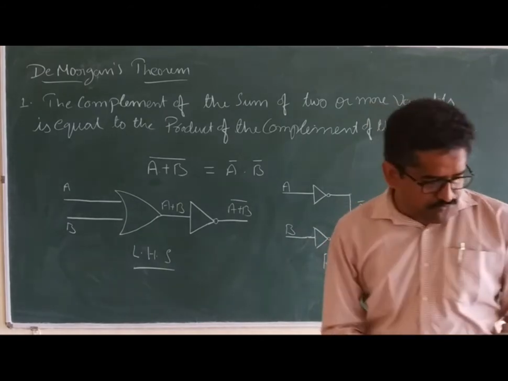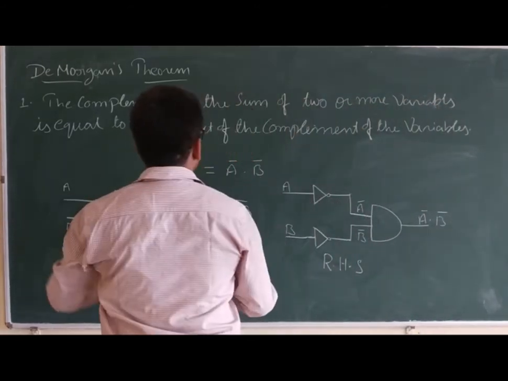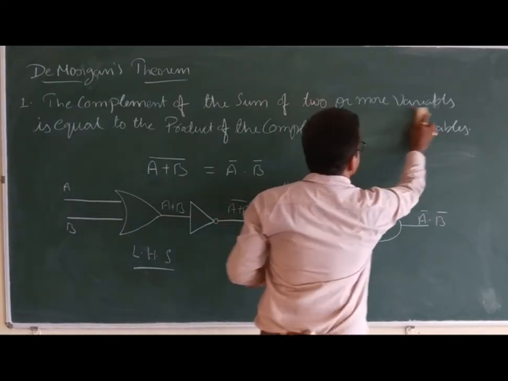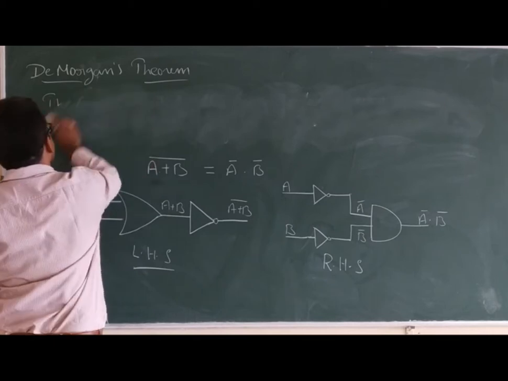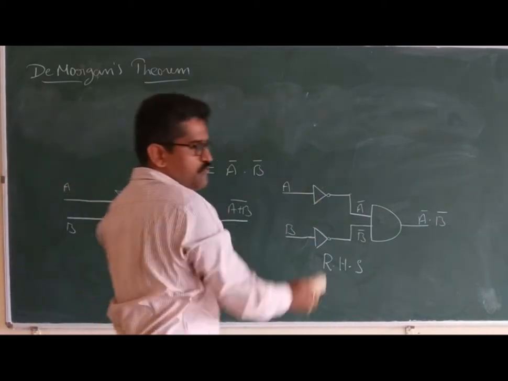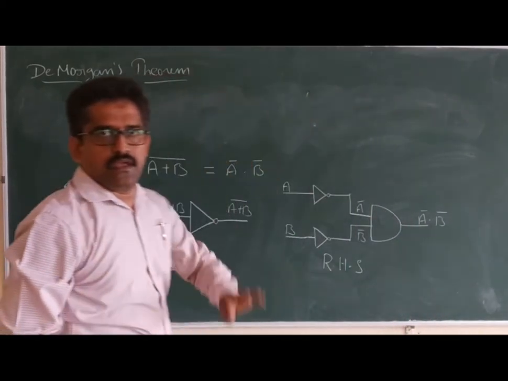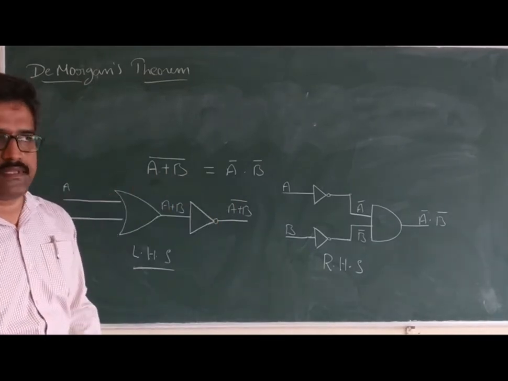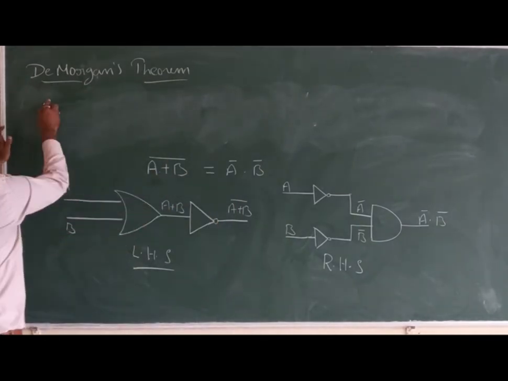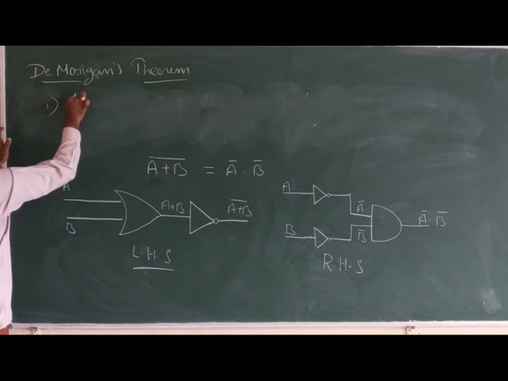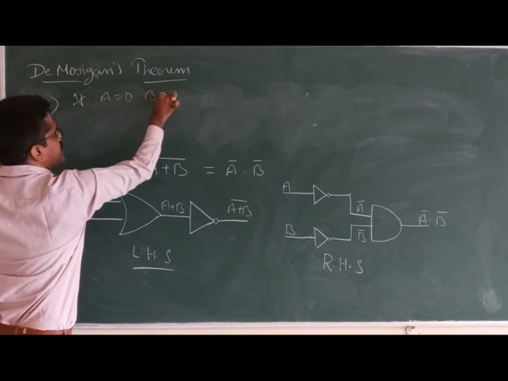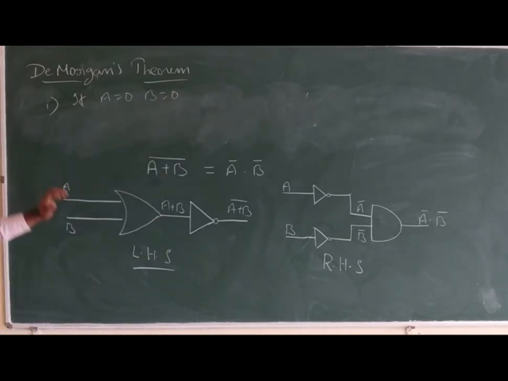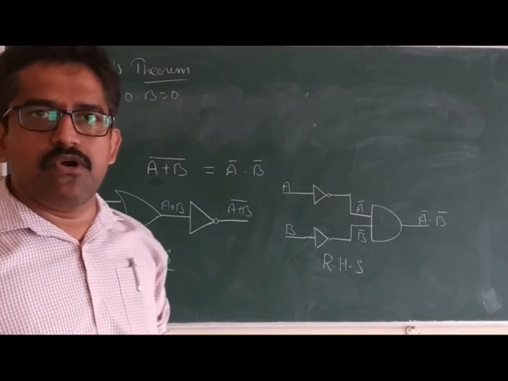Now from this, we consider four cases. Let us consider the first case: the two inputs A is equal to 0, B is equal to 0.